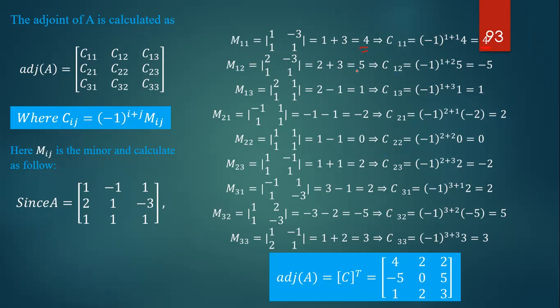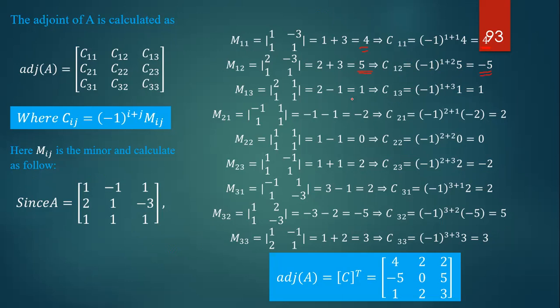M12 is equal to 5, and 1 plus 2 is 3, so minus 1 to the power of 3 again gives minus 1. Minus 1 times 5 is minus 5.